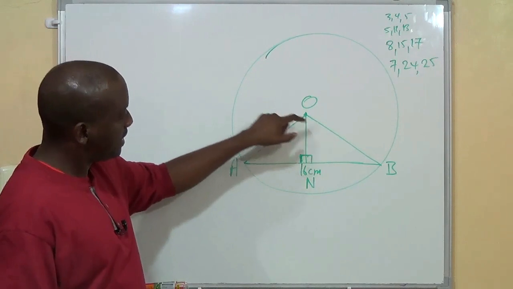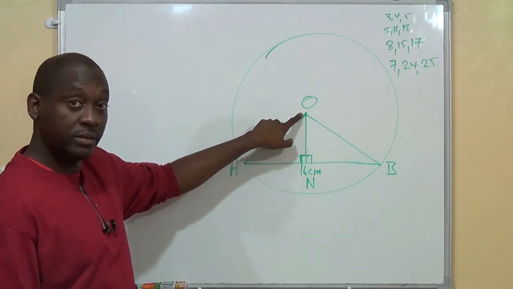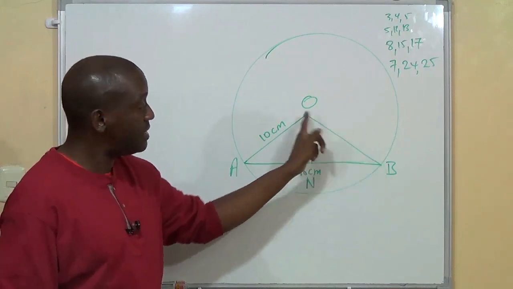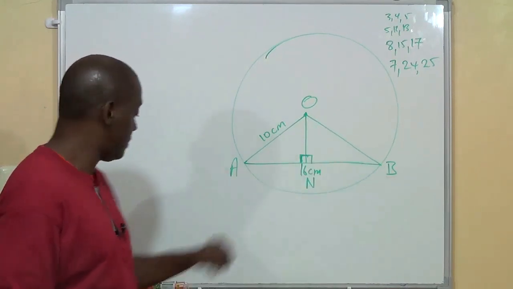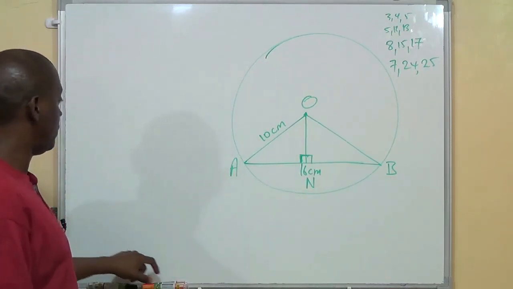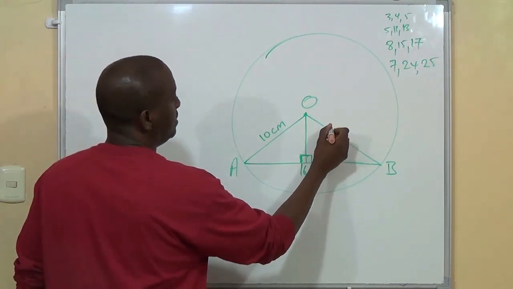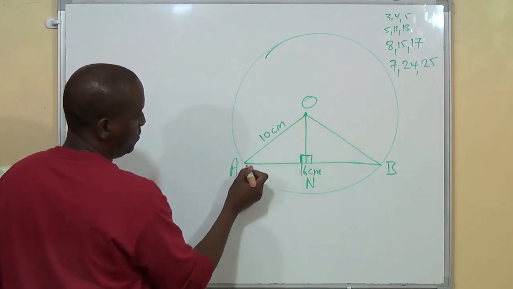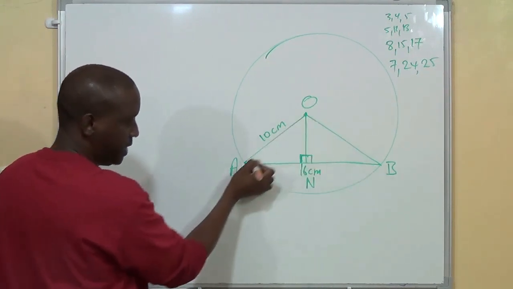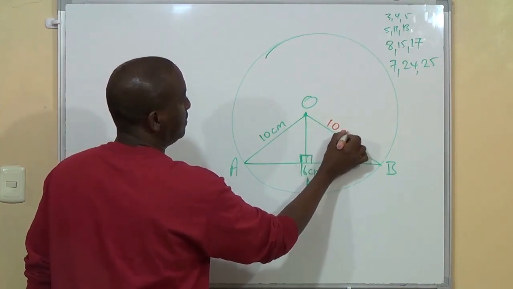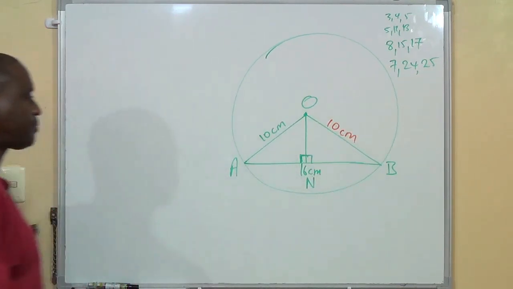Now, if there's a straight line from the center O to a point on the circumference, that line is a radius. So in other words, we can say with confidence that OB is the same as OA, because if OB is a radius, then OA would be a radius too. So OB would also be 10 centimeters.